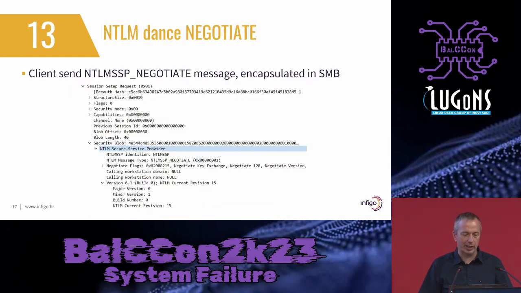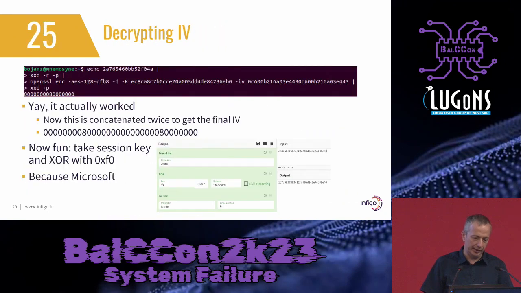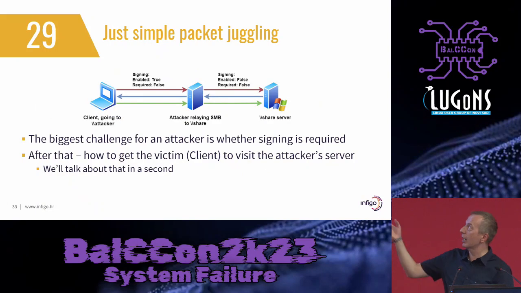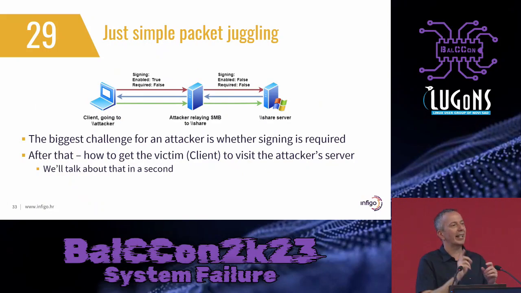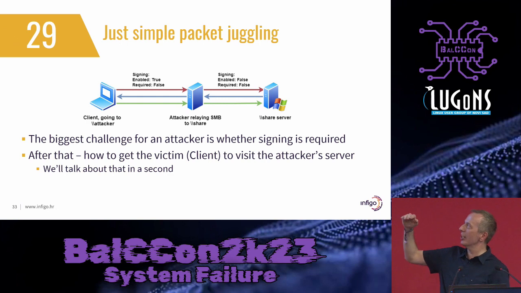And this is what allows us, if I then again go back here, this is what allows us to juggle with these packets. I can't change NTLM, but I can change SMB. So notice over there at the top that I can even change things from signing enabled to signing enabled false.